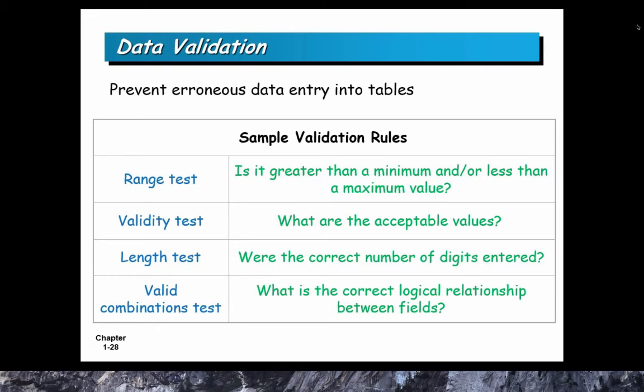A length test, where the correct number of digits is entered. Do they enter 9 digits for the Social Security number, or do they only enter 7? This is very important for when you enter your credit card number, for instance. And a valid combination test.